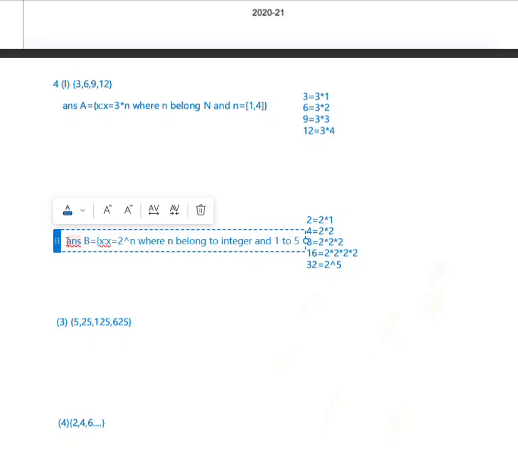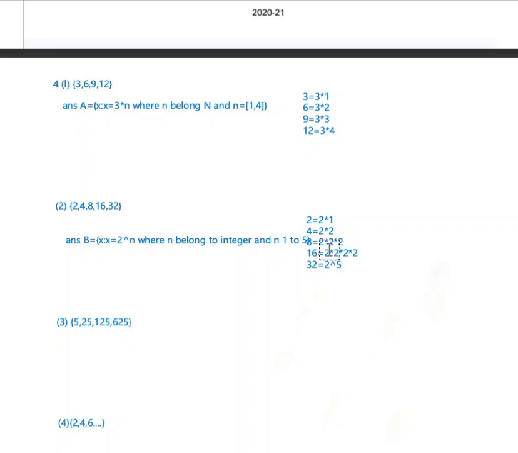And the range of n is from 1 to 5. So this is the pattern, this is the range of n. Here 2 is multiplied 1 time, here 2 times, and then 3, 4, 5.